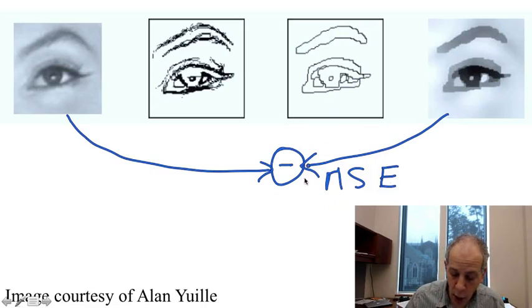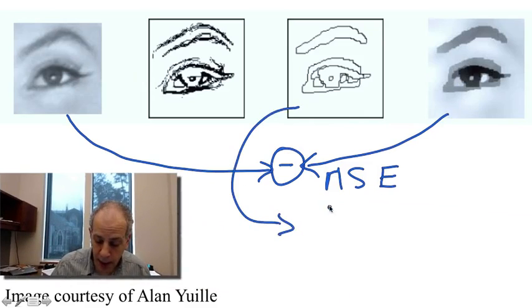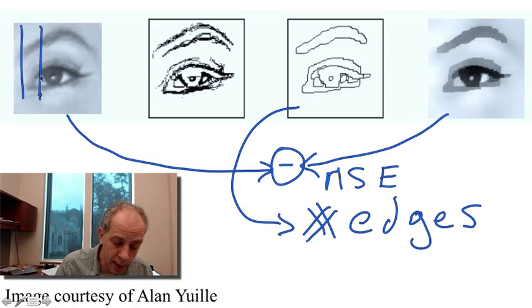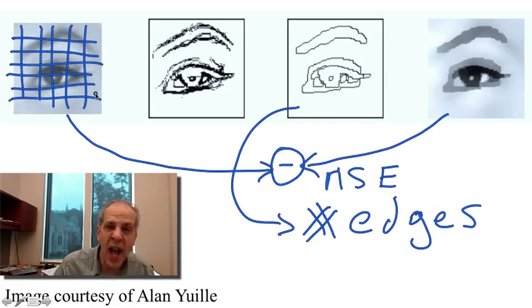I'm going to basically, on one hand, penalize for very large differences. And on the other hand, I'm going to penalize for edges. So if you have too many edges, you're going to pay a price. If I keep the image as it is, I have no error here, but I have a lot of edges. Basically, every pixel becomes a segment. So I'm paying a very large penalty for edges.